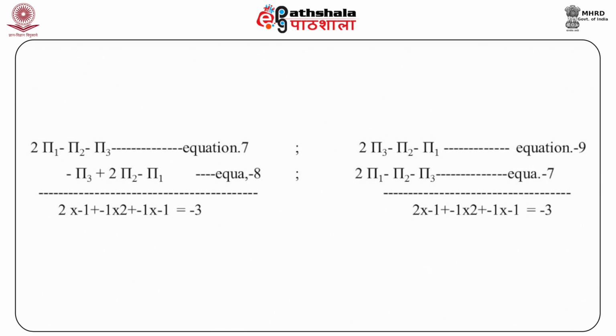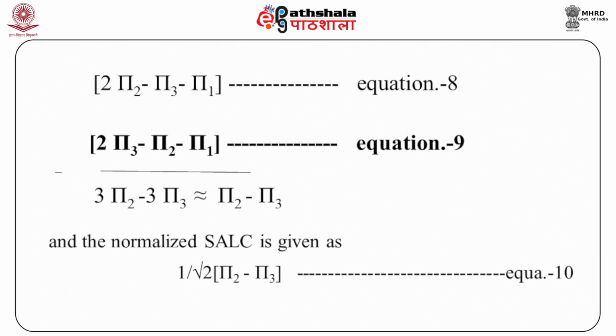For this, let us check, and by checking we find that we are not getting the right SALC. So, we take the SALCs given by equations 8 and 9, which are orthogonal to the SALC given by equation 7. To get the second SALC corresponding to E double dash, let us subtract the SALC of equation 9 from the SALC given by equation 8 as shown below.